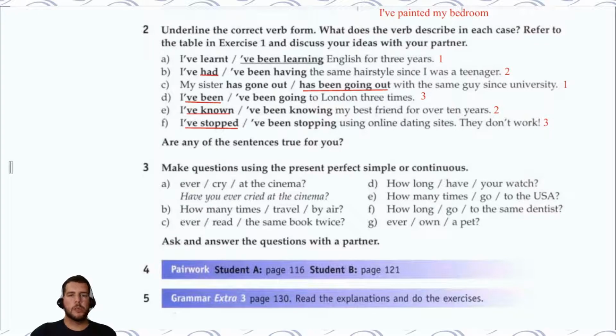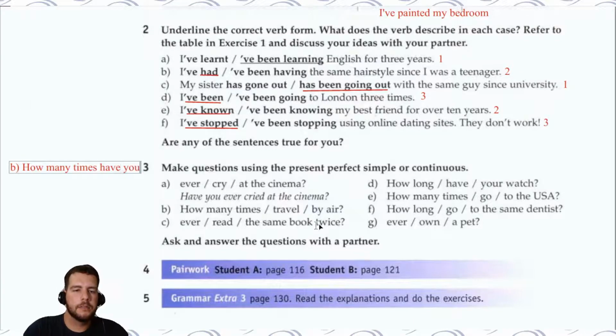Okay, so let's check. A. Have you ever cried at the cinema? Now let's see. B. How many times have you traveled by air? Okay.